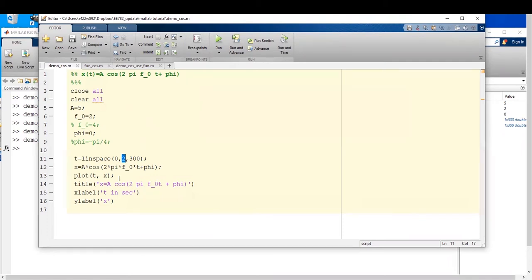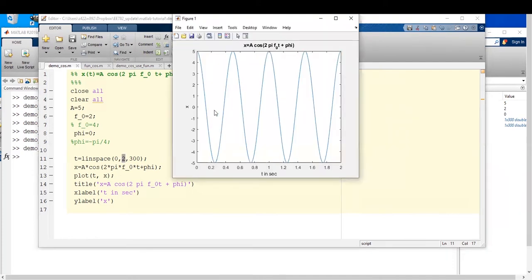Therefore, theoretically, we should see 4 cycles because the frequency is 2. Let's run the program and see the figure. You can see here the magnitude is 5, and this is t in seconds. This is the x-axis, time duration from 0 to 2 seconds. So this is a cosine signal.